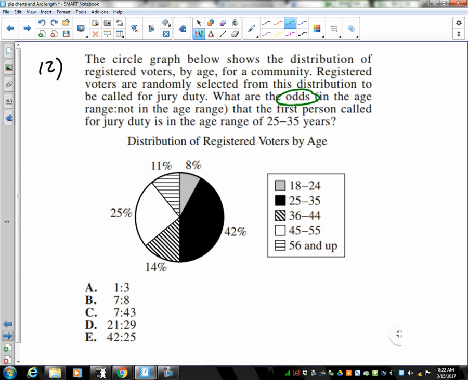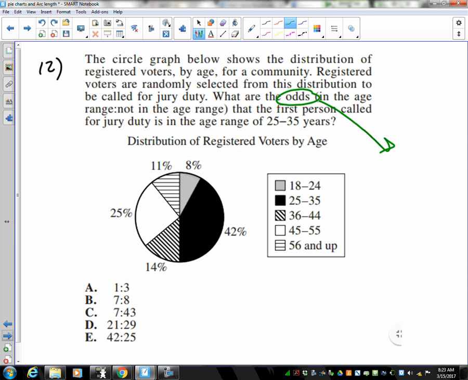What are the odds that the first person called for jury duty is between 25 to 35? Now, the difference here between odds and probability: probability would be how many you have over the total, while the odds would be how many you are selecting versus how many you are not.